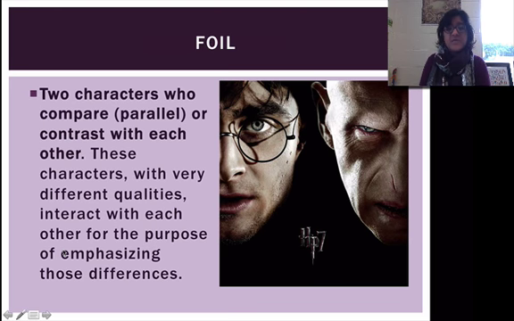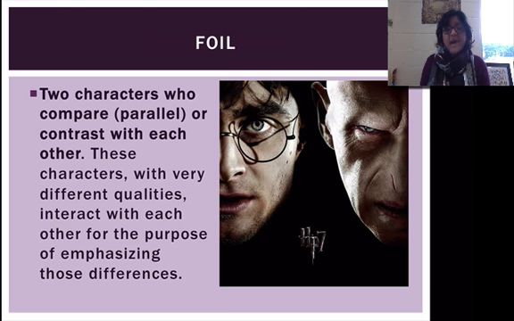Shakespeare also includes foils, so that's another drama term. Foils are two characters who compare or parallel or contrast with each other. These characters have very different qualities and interact with each other for the purpose of emphasizing their differences. A really common pop culture foil would be Harry and Voldemort from Harry Potter, right?